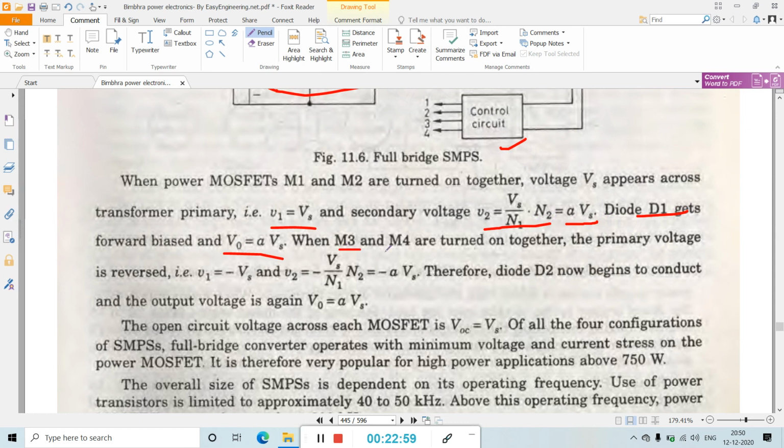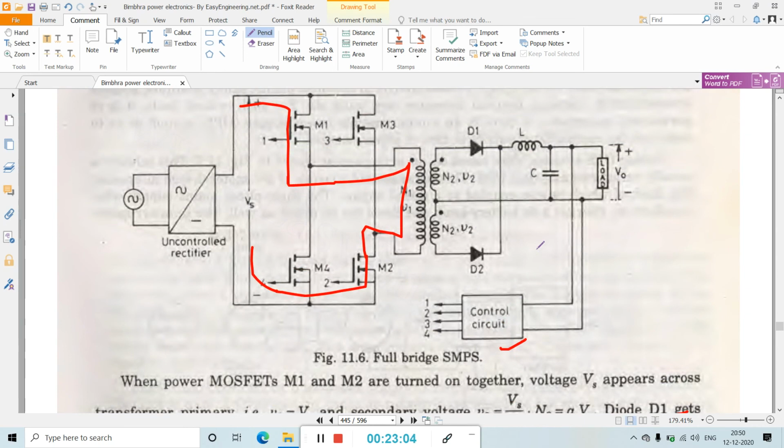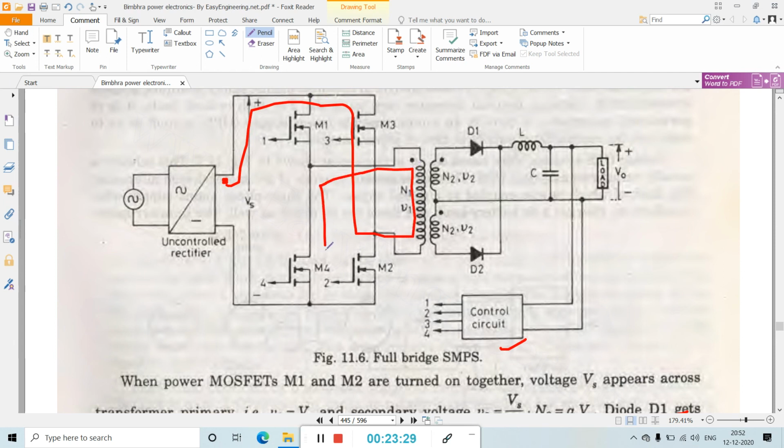So when M3 and M4 are turned on together, the path is like this. This is M3, coming from this one, then through the transformer, then coming back like this, then M4, then back.